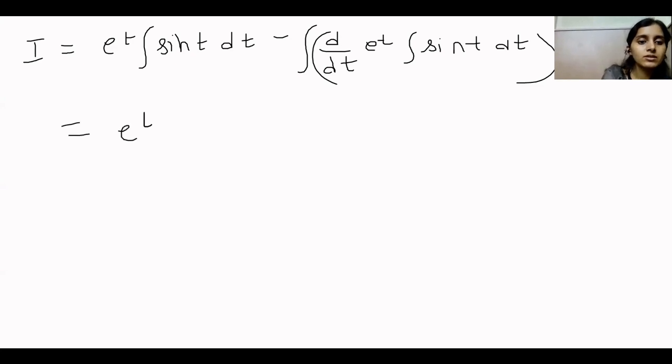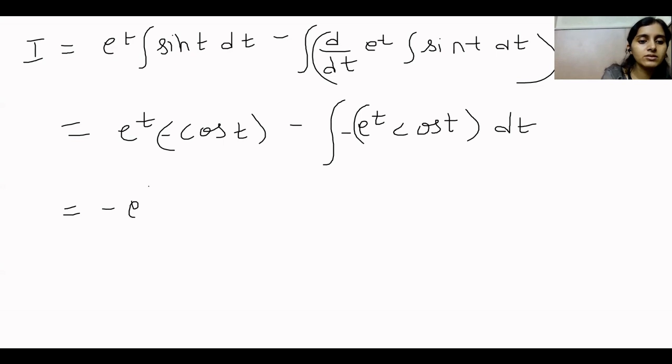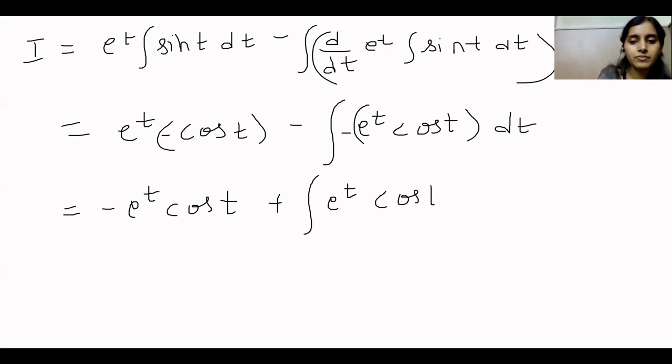Which is e raised to t times minus cos t, minus integration e raised to t into integral sine t dt, which will be minus cos t, and this whole thing dt, which is equal to minus e raised to t cos t, minus of minus becomes plus integral e raised to t cos t dt.